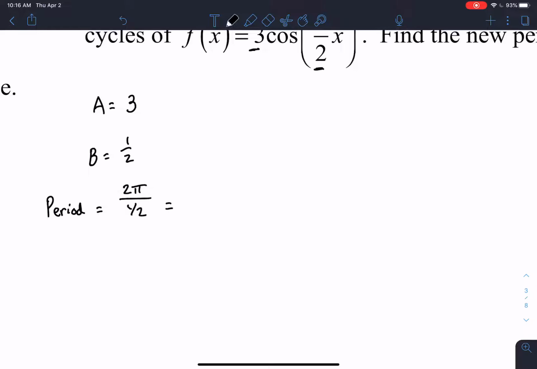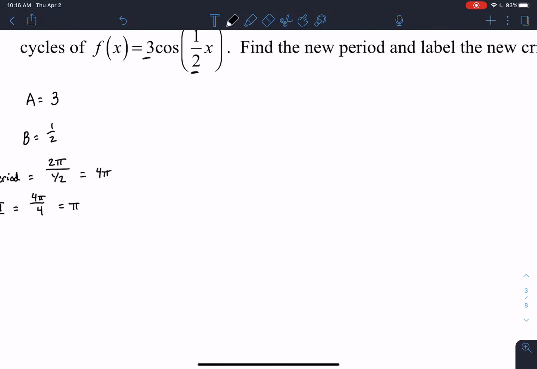Which if you simplify, 2 pi divided by 1/2 is 4 pi. Okay, so one cycle here is going to be 4 pi. And then my interval, right, I'm going to do 4 pi divided by 4, and that's going to give me pi. All right, so this one's going to be a little bit easier to do the axis for.